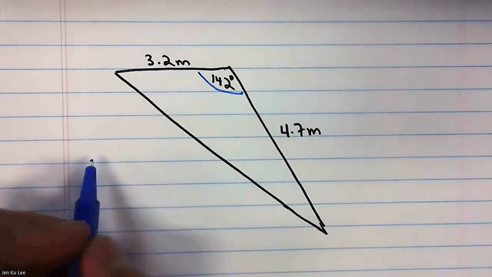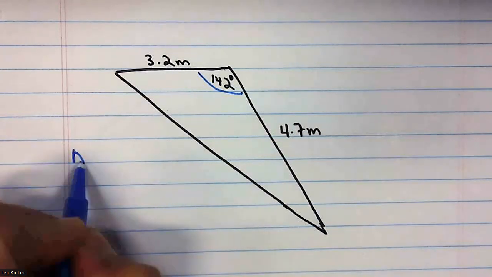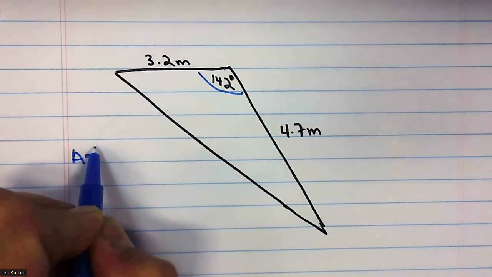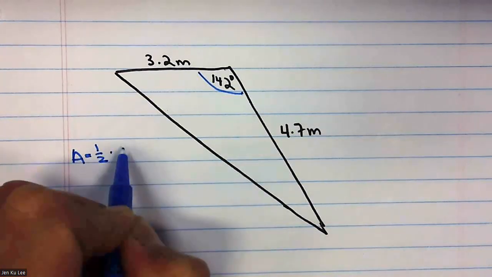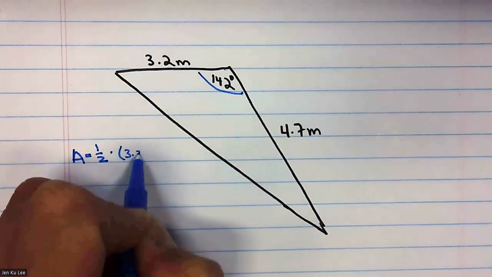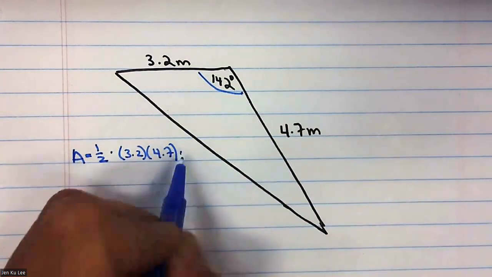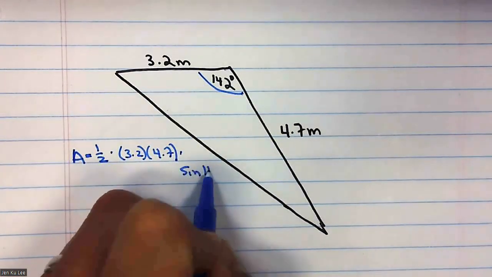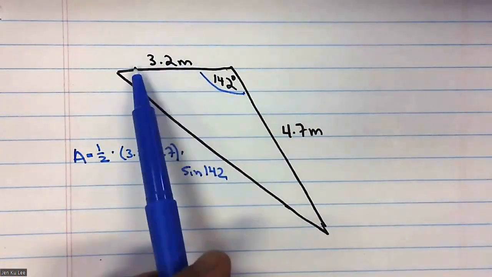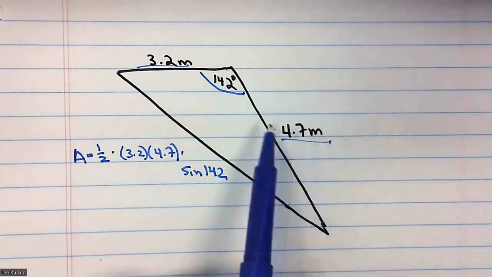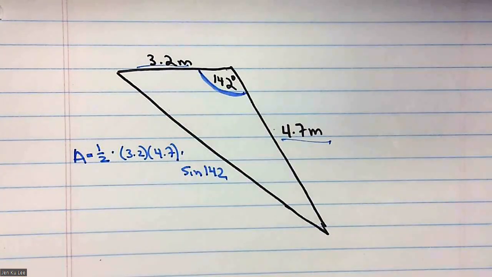So here, I'm just gonna go area equals 1/2 times those two sides, 3.2 times 4.7 times the sine of 142, because I have the two sides that make up that angle. Okay?